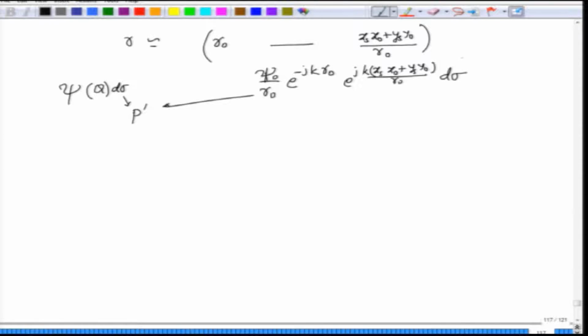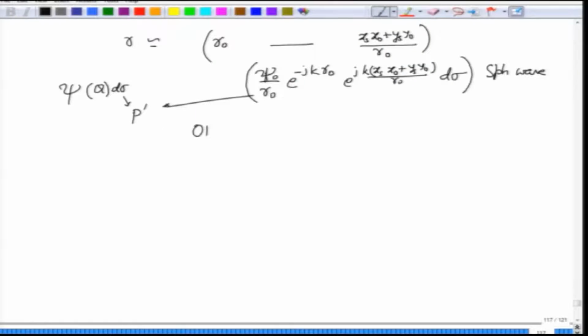However, this is the amplitude of the field that is being incident. This further needs to be multiplied by another spherical wave, because this amplitude is now the input amplitude, which would then begin to propagate as a spherical wave all the way to the field point at P prime. P prime is located at the coordinates x, y and z.